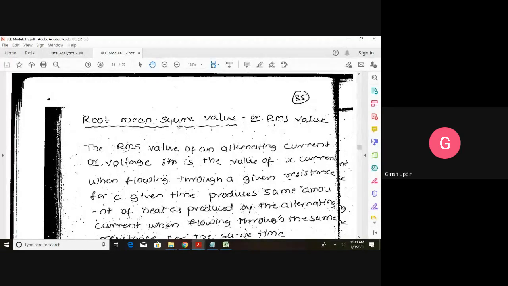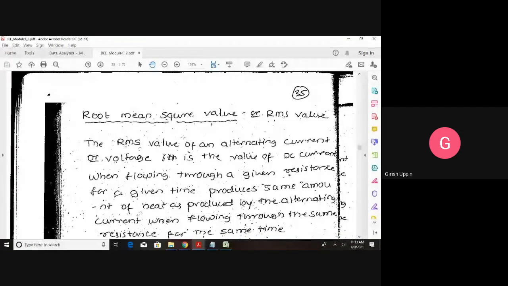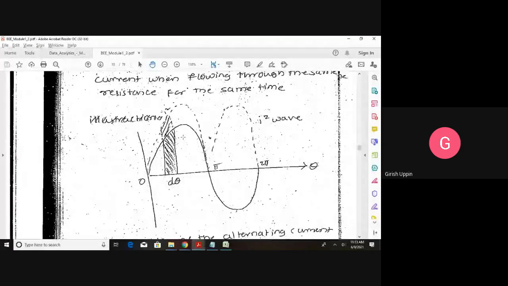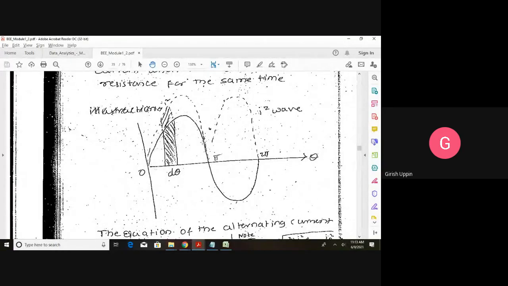So we take the square of the waveform. This is my waveform, I is equal to Im sin omega t, or I is equal to Im sin theta. Whatever the instantaneous values are, let us say t1, t2, t3, t4, and so on, I will take the square of those.